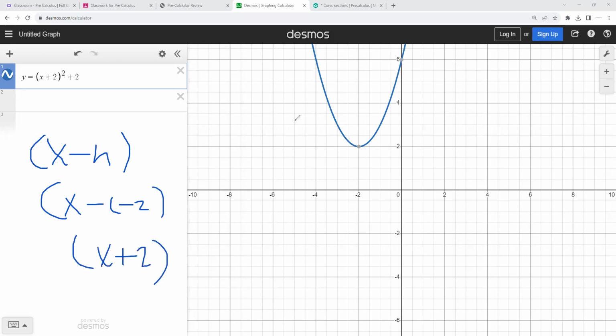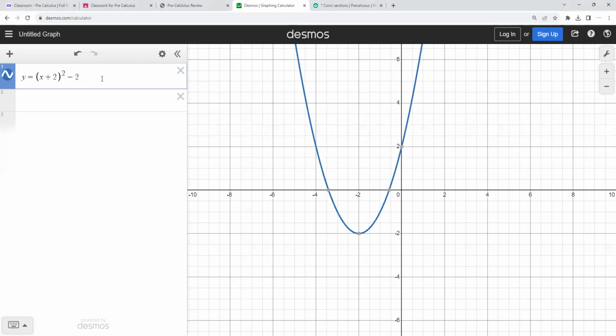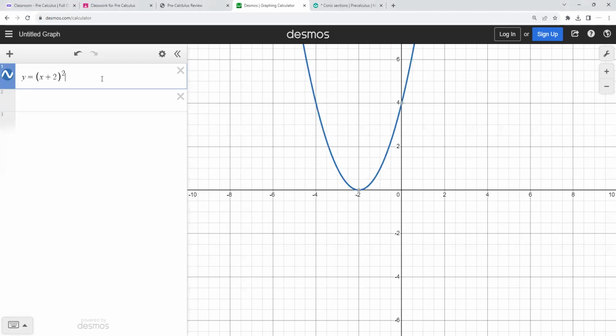So just so you know, I like to tell students it's the opposite of what you see for x. If you see a positive, then the vertex is at a -2 for x. For the y, it's what it appears to be. So the vertex is at -2, 4, -2, 3, or -2, -2, or -2, -5, right?